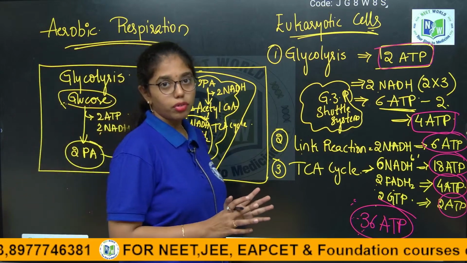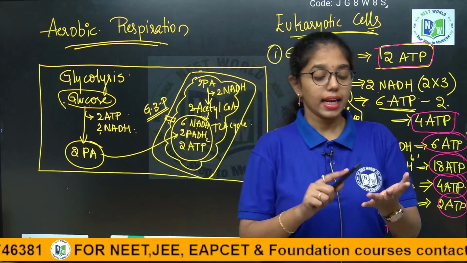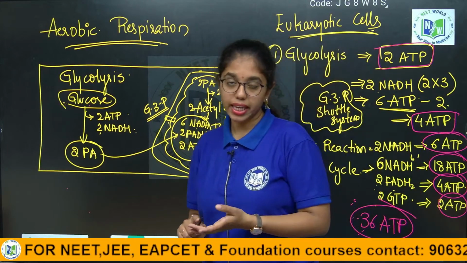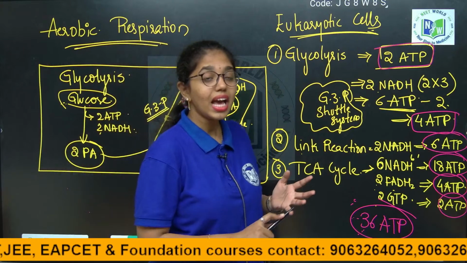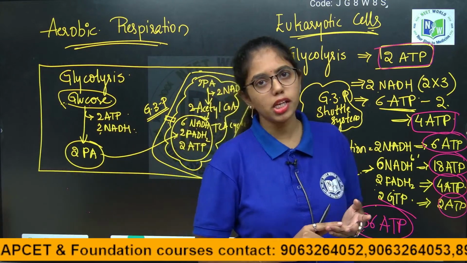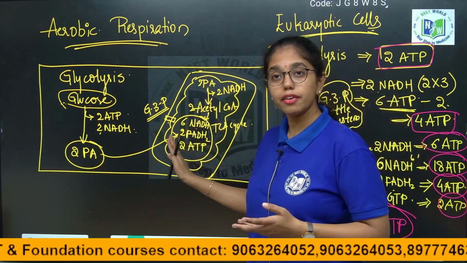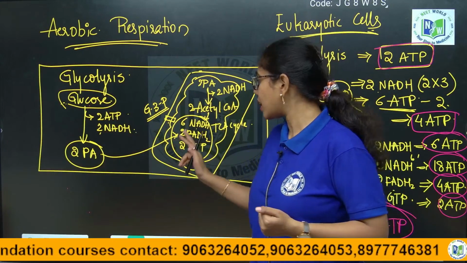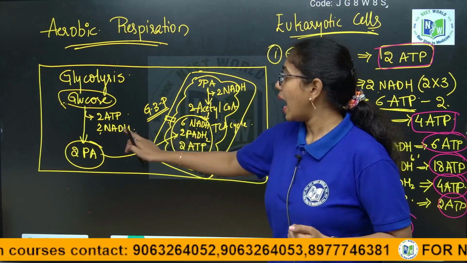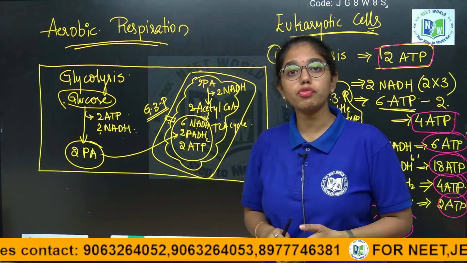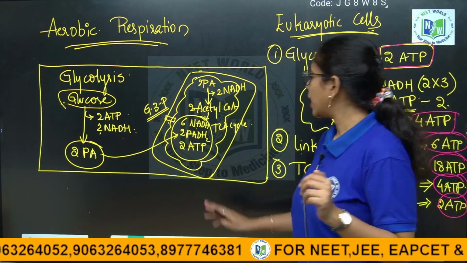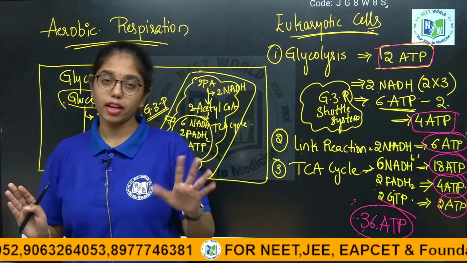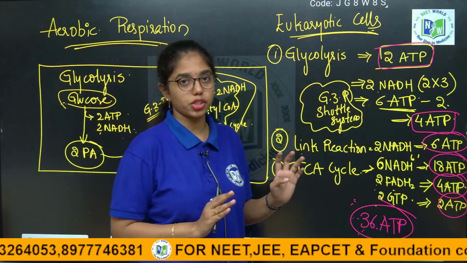Till now, in glycolysis, link reaction and Krebs cycle, nowhere have you observed the release of oxygen, and only a very little ATP is formed. In the Krebs cycle, energy-rich molecules like NADH and FADH2 are formed, and in glycolysis also NADH is formed, but the 36 ATP is not formed in these steps.